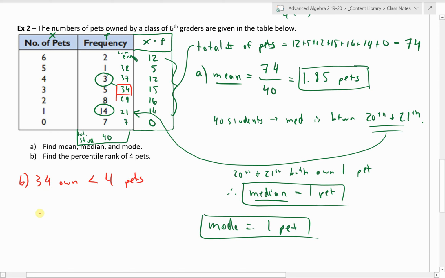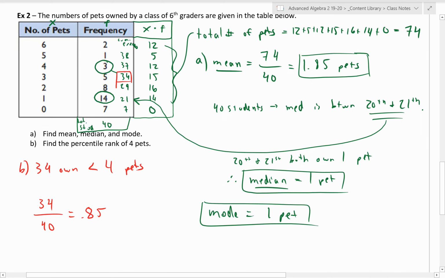So a 4-pet owner out-owns or has more pets than 34 people in a class of 40, which is going to be, let's see, 34 over 40 is 85% exactly. 0.85. So that means a person with 4 pets is in the 85th percentile.